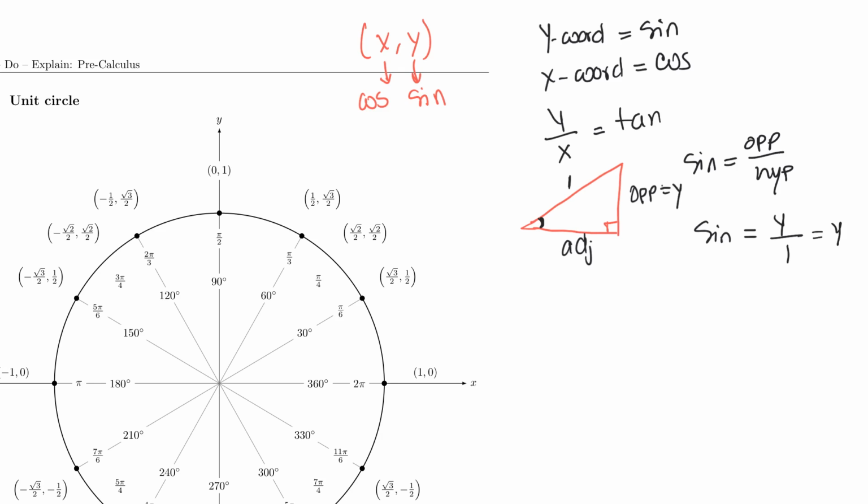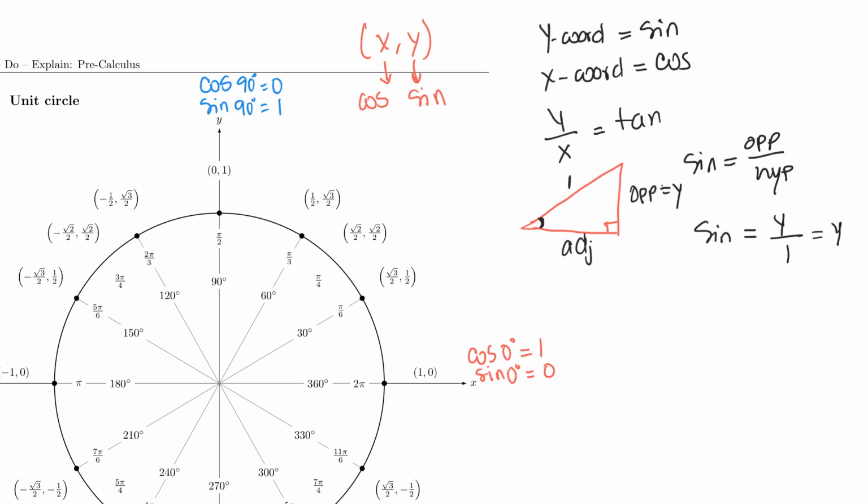For the angle equal to 0, the cosine of 0 is equal to 1 and the sine of 0 is equal to 0. On the opposite side, in the 90-degree angle, the cosine of 90 is equal to 0 and the sine of 90 is equal to 1.